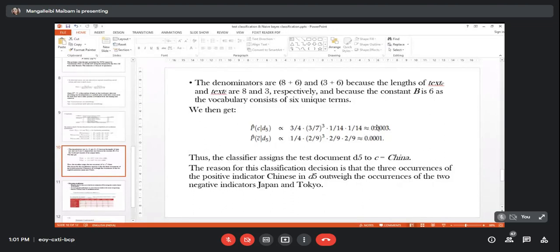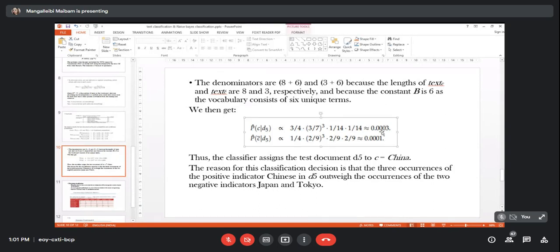So you check these two probabilities. Which one has the higher probability: the probability of D5 in China class or the probability of D5 in North China class? In China class, right. So the probability of D5 in China class has the higher value.